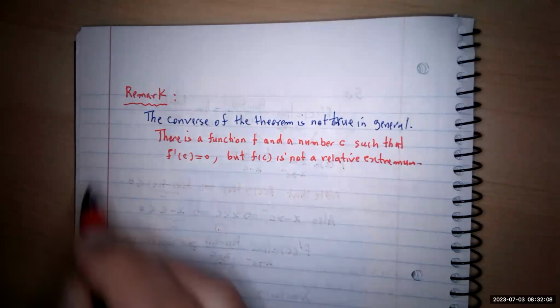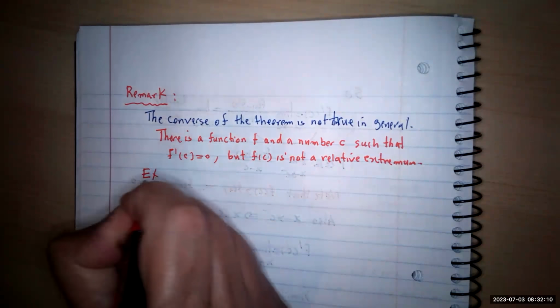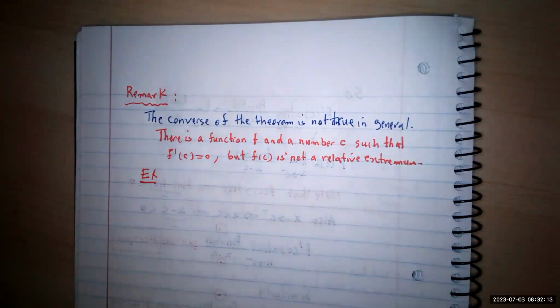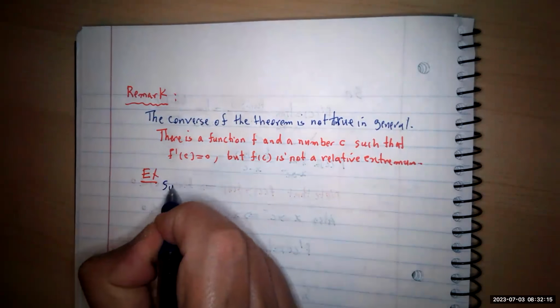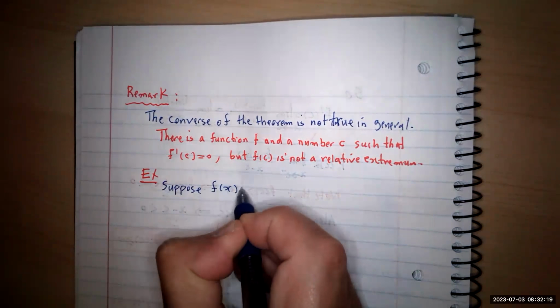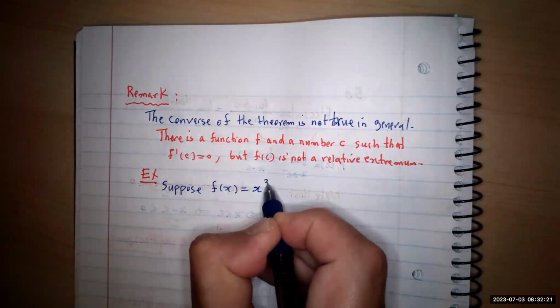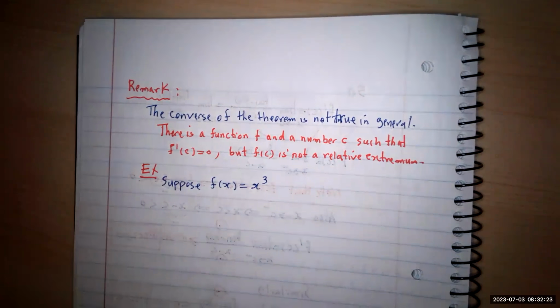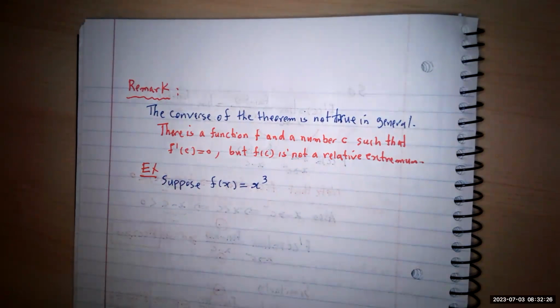Okay, and the famous function that would reject the converse of the Fermat theorem is x cubed. So suppose f of x is equal to x cubed. In your book, they give x minus 1 all cubed. In some books, x plus 2 cubed. But it must be a cube function.